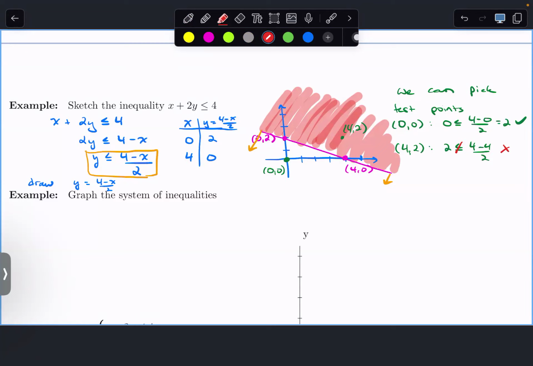However, if we take this original inequality and put it into Desmos, it's going to shade the region that does satisfy it. So that's just a heads up. And I do encourage you to check with Desmos and see what Desmos says.